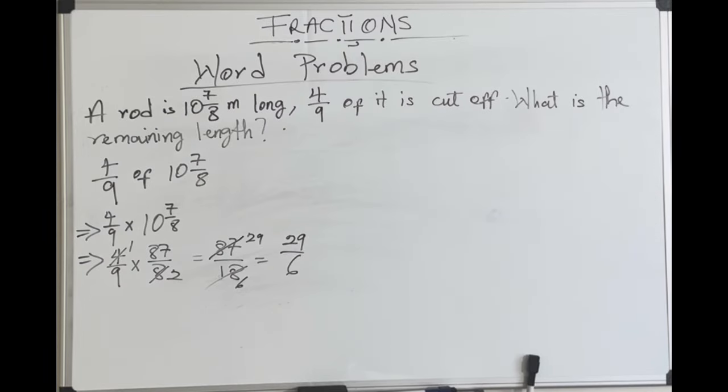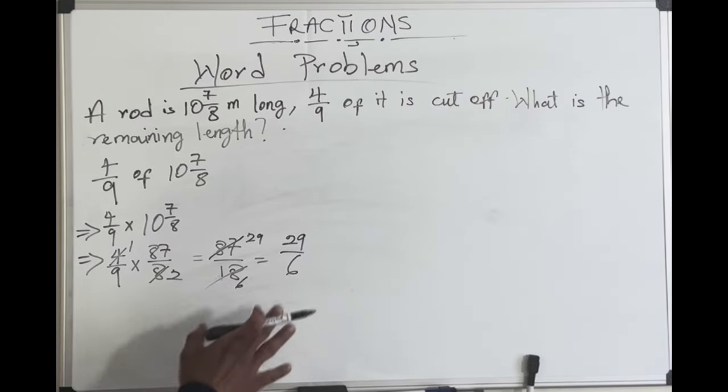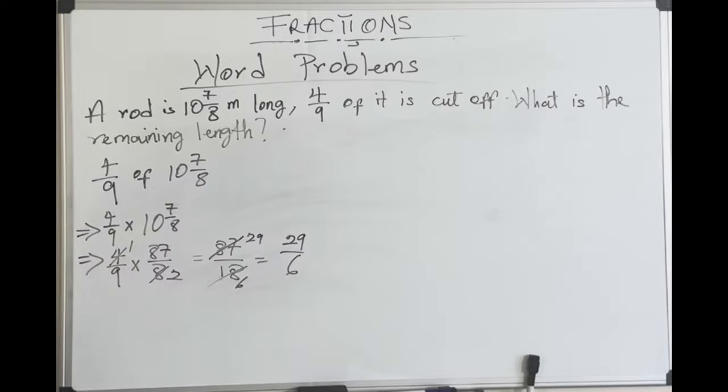Now it said a rod is 10 whole number 7 over 8 meters long, and then we've worked for 4 over 9. Okay, so we need to subtract what was cut off from the rod, from the full length, which is 10 whole number 7 over 8.